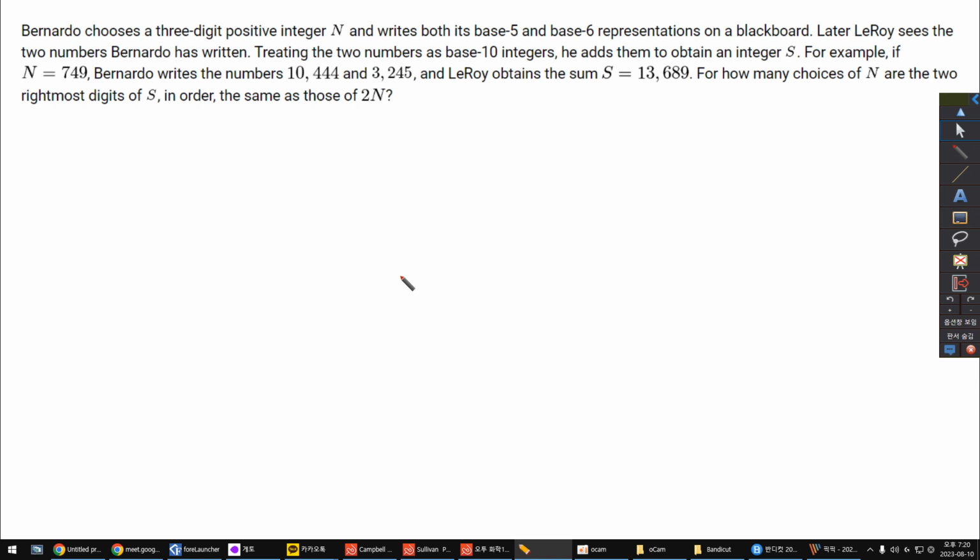And for the last digit, a multiple of 30 will have the same last digit when it's changed to base 5 and base 6. So let's think of the smallest 3-digit multiple of 30, which is 120. Let's see what happens when 120 is changed to the base 5 and base 6 representation.